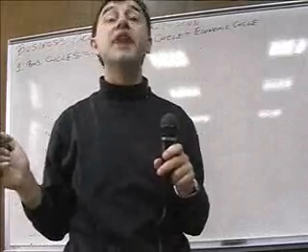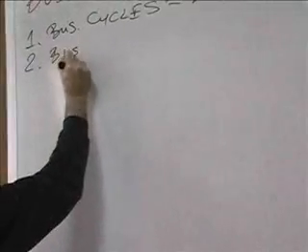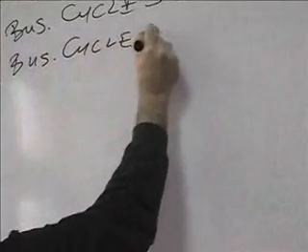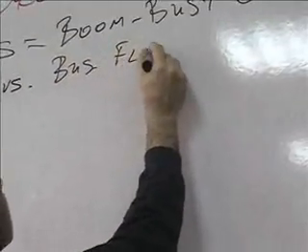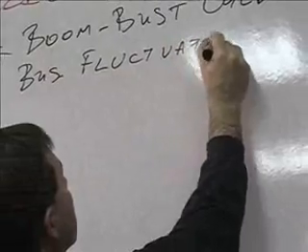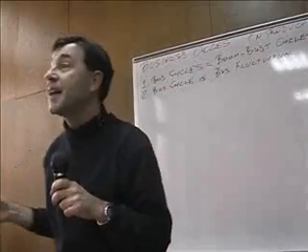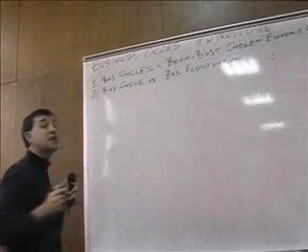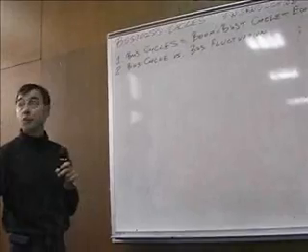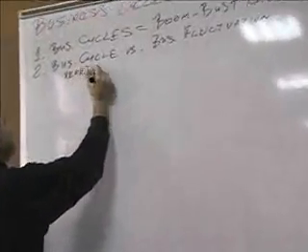Okay, so first of all, before we go any further, we have to differentiate between a business cycle and a business fluctuation. So we have point number 2, business cycle versus business fluctuation. The most important characteristic of a business cycle that differentiates it from a fluctuation is that the business cycle is repetitive.